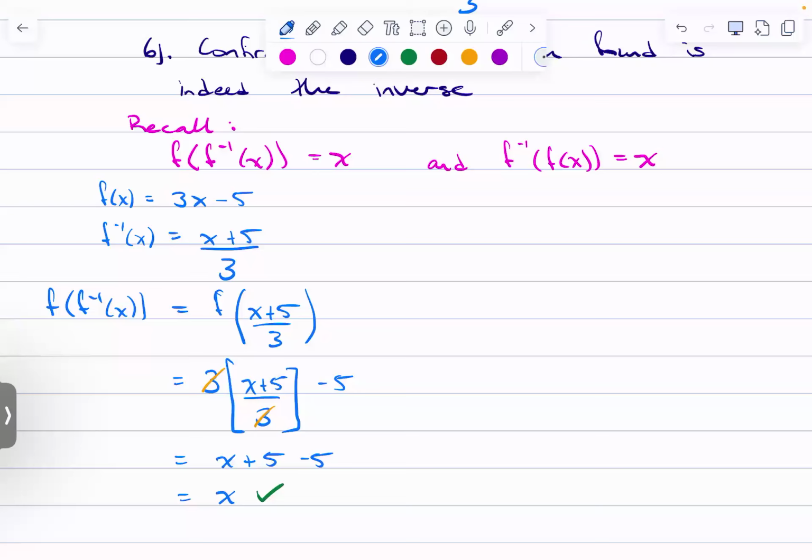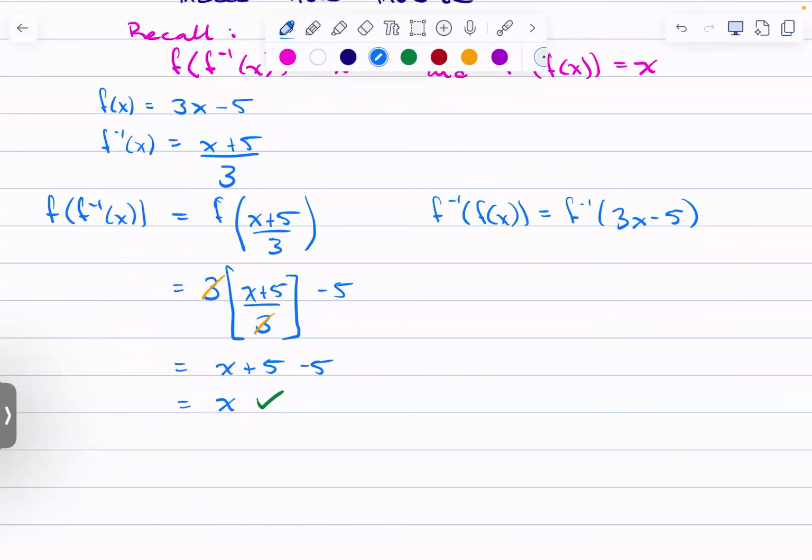So if I start at f inverse of f of x, now f of x is my input into the inverse. And so we'll start here, f inverse at 3x minus 5. Wherever I see an x in the inverse now, I replace it with 3x minus 5.